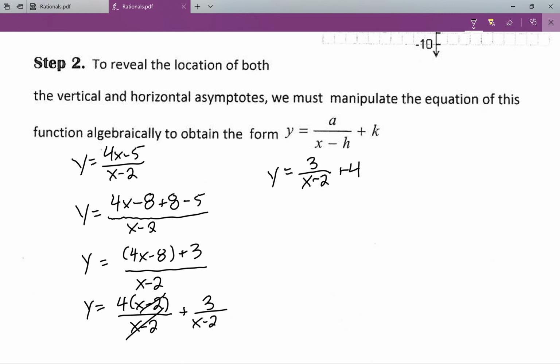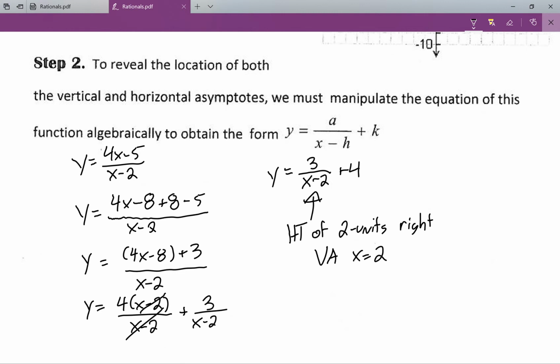So looking at it in this form, what this tells us is the x minus 2 tells me I have a horizontal translation of 2 units to the right. Or rather, my vertical asymptote is at x equals 2, because I have that non-permissible value that x cannot equal 2.